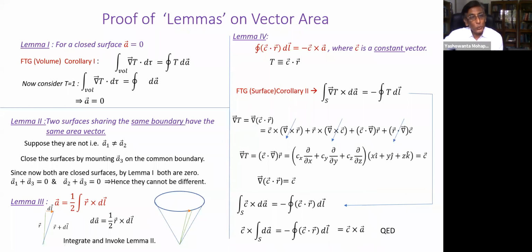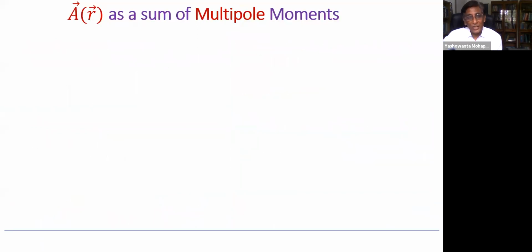So I have proven 2 corollaries and 4 lemmas about the area vector. The corollaries were about the fundamental theorem of gradients, and the lemmas are about the area vector. All right, now let's get back to the physics, armed with these results.